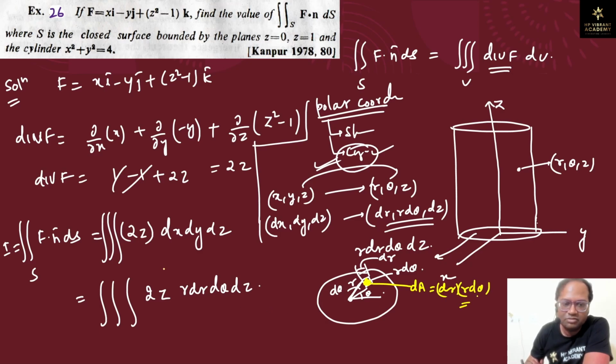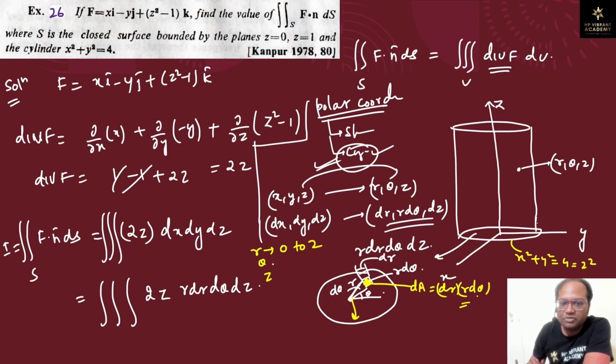Let us write down the limits: r limit, theta limit and z limit. The radius of this planar region is 2. So r varies from 0 to 2, because the equation of this is x square plus y square equal to 4, that is 2 square.